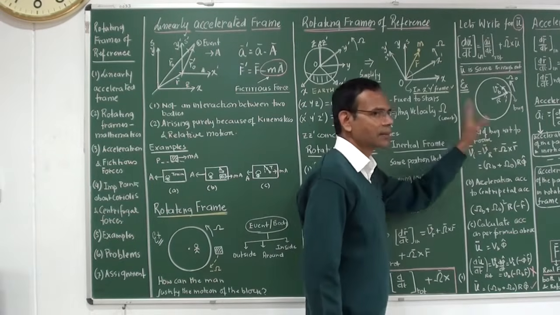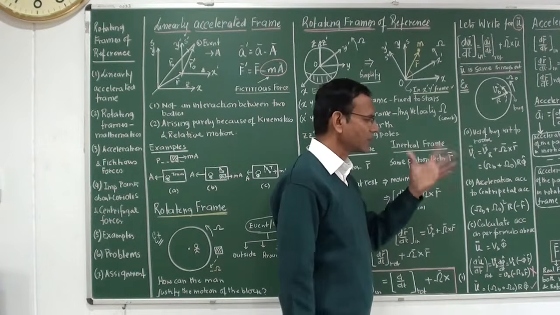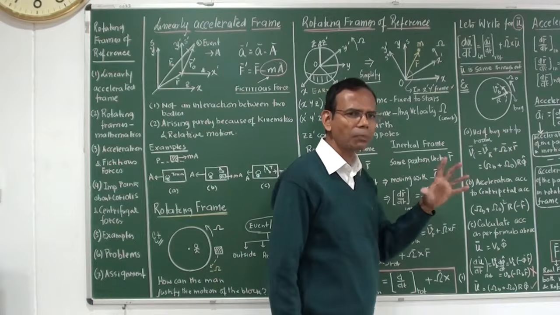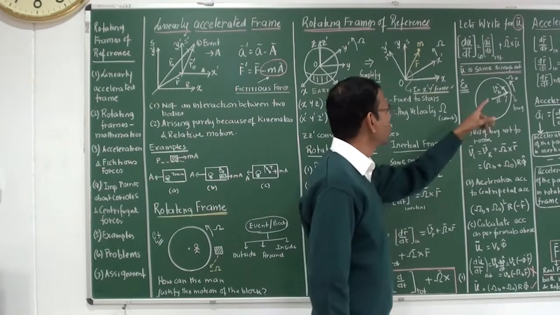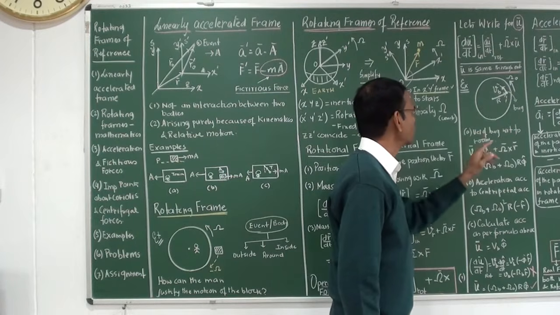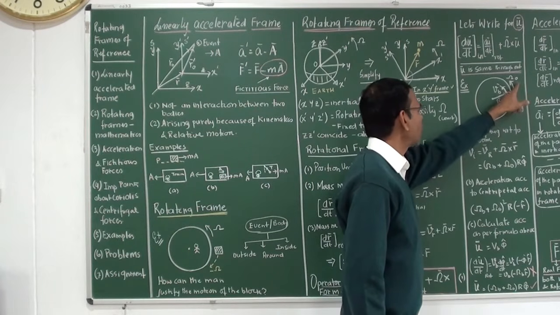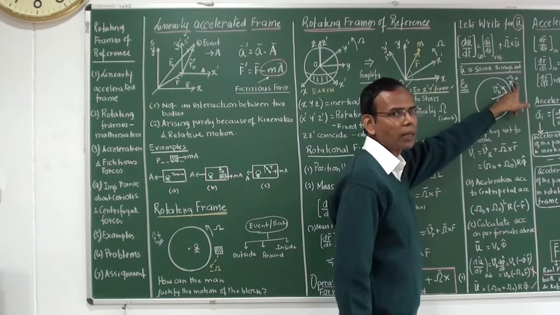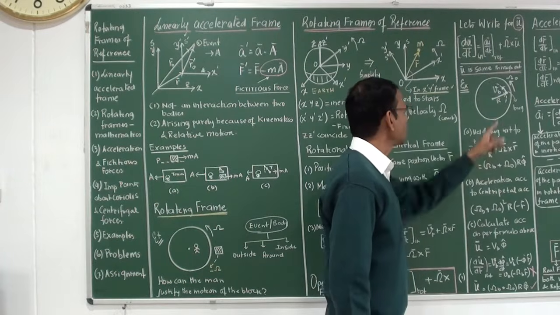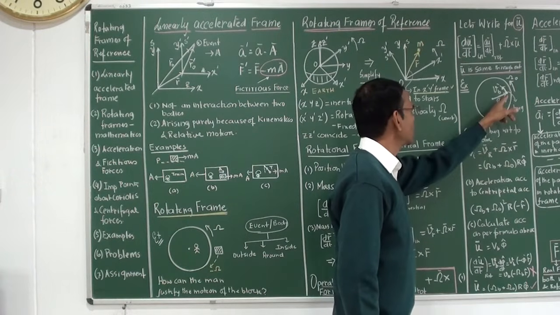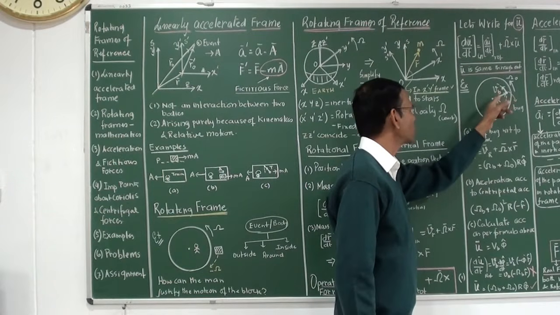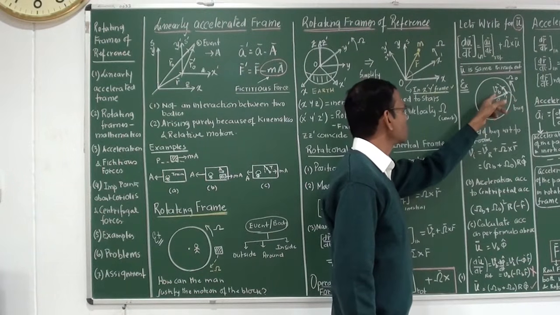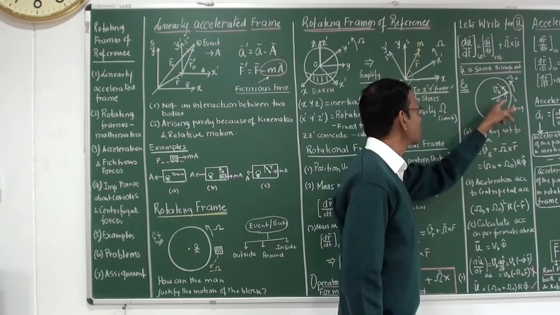Here there is a disc. This disc is an old record player disc, a gramophone disc, and it is rotating with an angular velocity capital omega naught. And there is a bug over here. This bug also has its motion relative to the disc, and its velocity is Vb, and that is tangential motion.